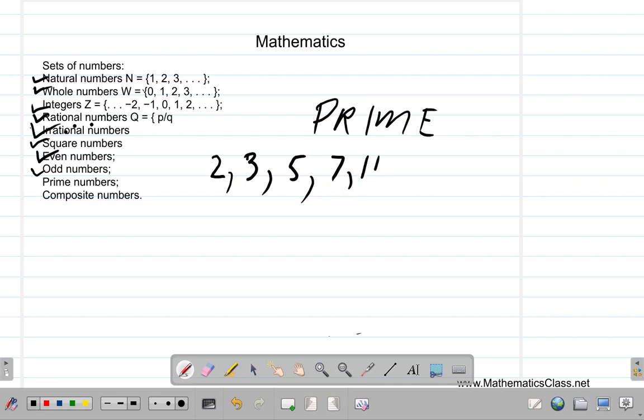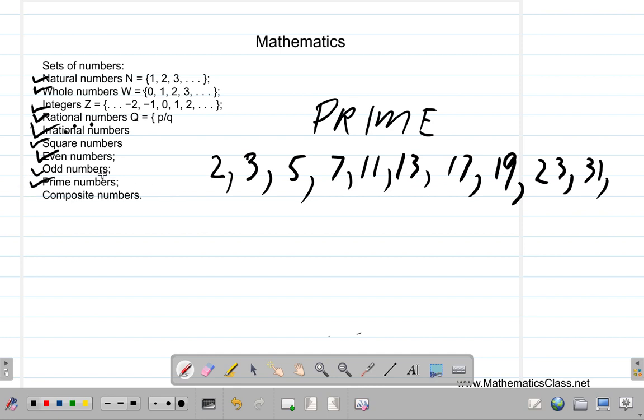Others are 11, 13, 17, 19, 23, 31. Those are some examples of prime numbers.